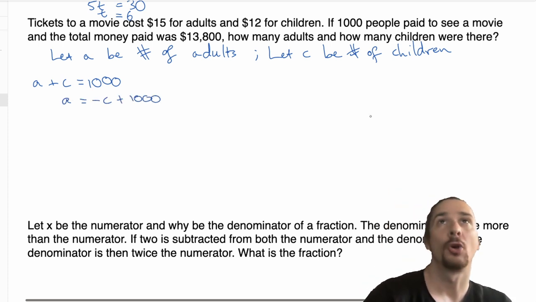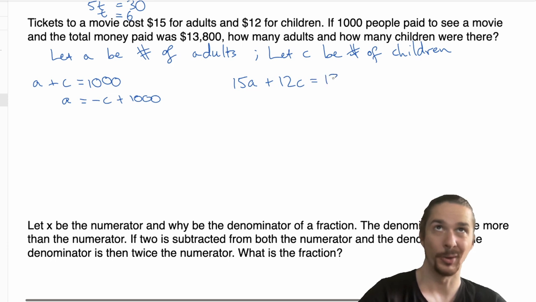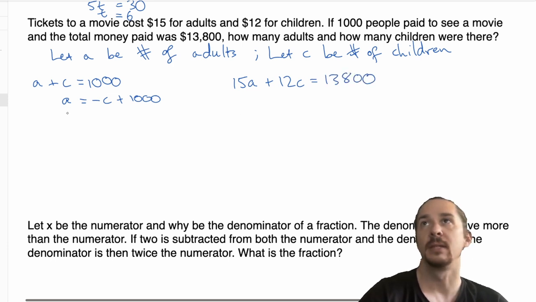Our second equation is that the total money paid is $13,800, which means if we have $15 paid for every adult and $12 paid for every child, that's going to total $13,800. So let's substitute in this A value.